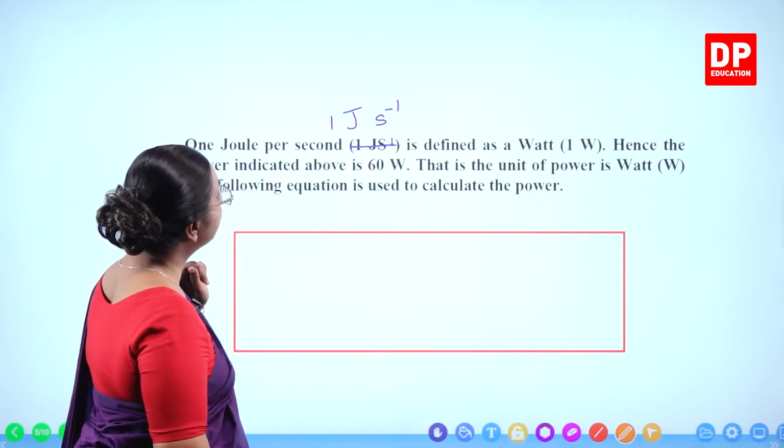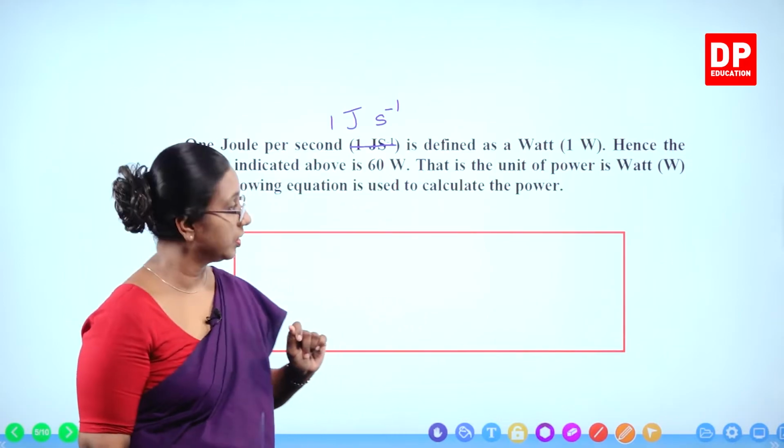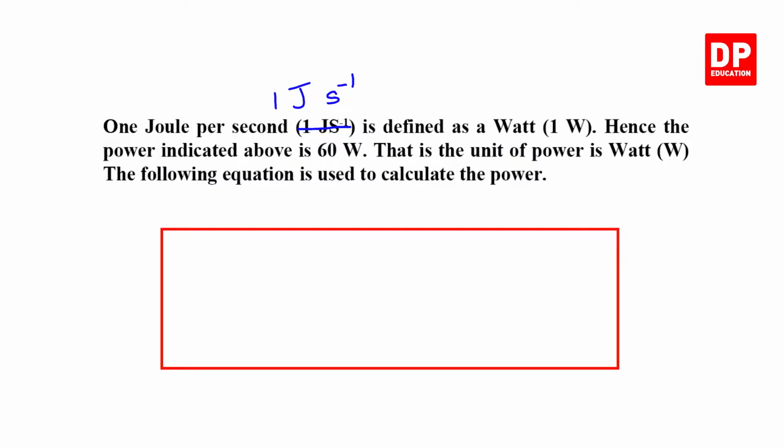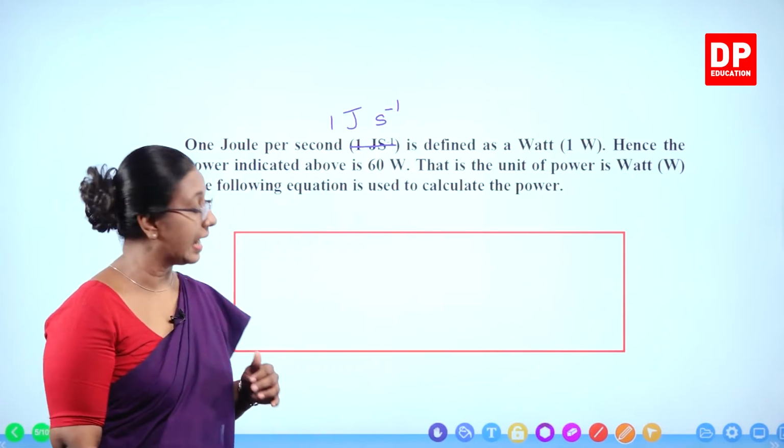So 1 joule per second is defined as 1 watt. Hence, the power indicated above is 60 watts. That is, the unit of power is watt. The following equation is used to calculate power. I have already introduced this equation when we did the calculation.